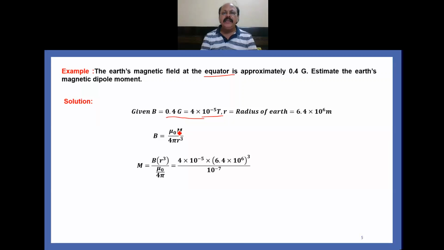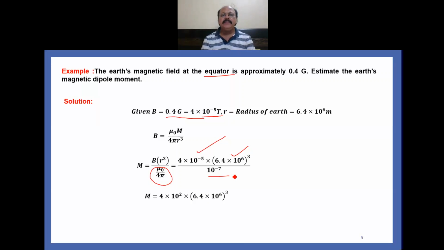So you rearrange this formula, and M = B R³ / (μ0/4π). The values which are given, you put: B is 4 × 10^-5, R is (6.4 × 10^6) whole cube, and μ0/4π is equal to 10^-7, and then you calculate it.